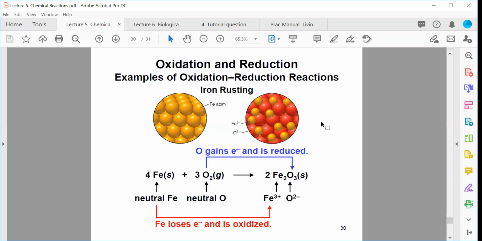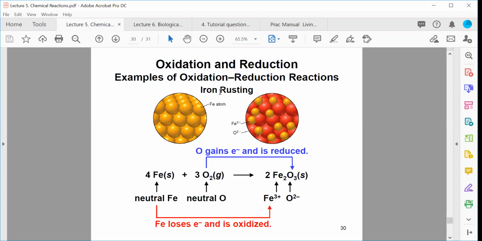So now this iron oxide becomes very, very porous, very permeable to further entry of water and oxygen. And that's why once rust starts, it's very, very hard to stop it. In fact, it's almost impossible to stop that occurring.